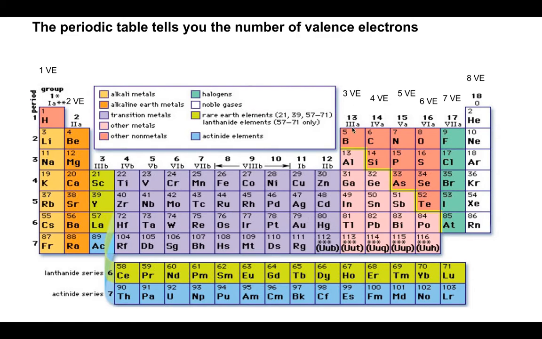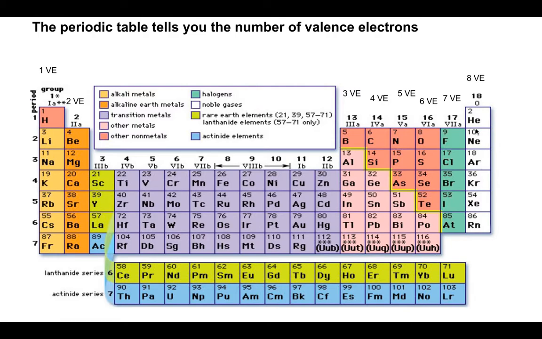3 valence electrons in group 13, 4 valence electrons in group 14, 5 valence electrons in group 15, 6 valence electrons in group 16, and you guessed it, 7 valence electrons in group 17. Here I have written that there are 8 valence electrons in group 18.